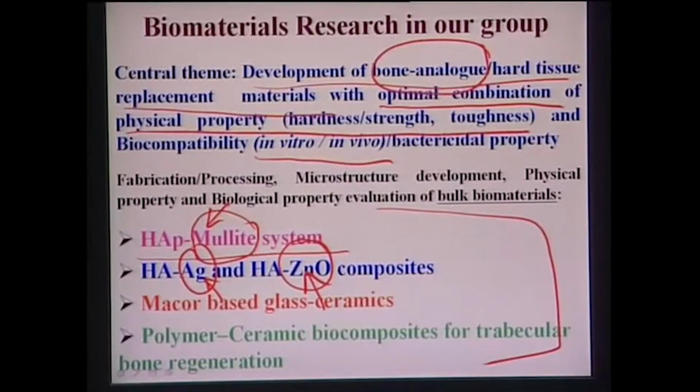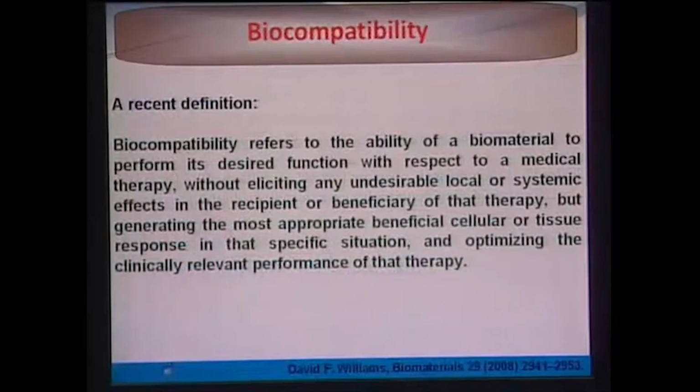The third one is the Macquart based dental glass ceramics. These glass ceramics are used for dental restorative applications. Then I'll show you how different properties can be obtained in these glass ceramic materials. The fourth one is polymer ceramic biocomposites for trabecular bone generation, and we have also developed another set of polymer ceramic composites for hard tissue replacement applications.